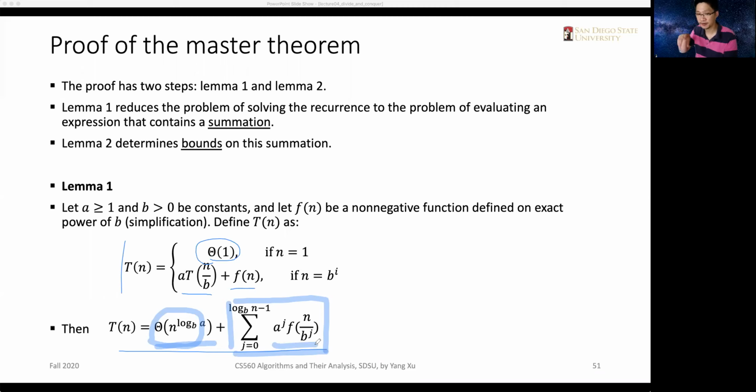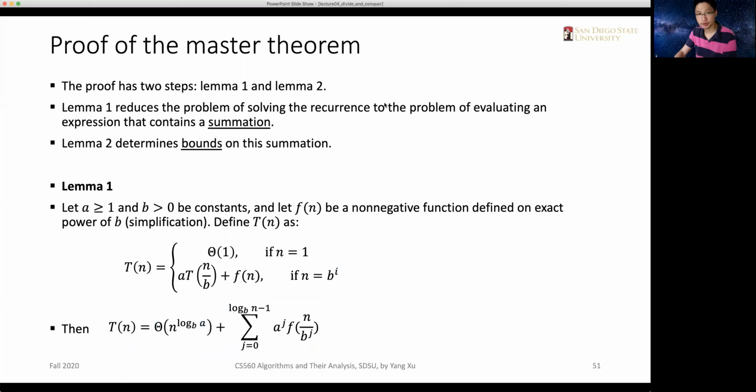It contains some f function, right? We don't know if it's a geometric series or not. Ideally, we want a geometric series so that we know the closed form of it and we can solve its upper bound and lower bound. That's the statement of lemma 1. This is what we want to prove. We want to show how we get from here to here.